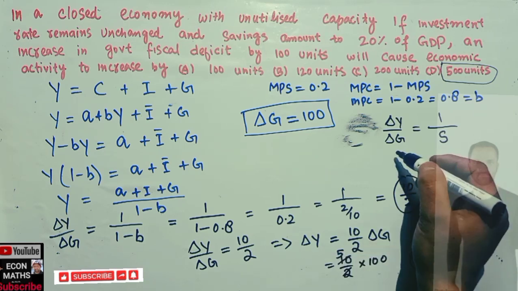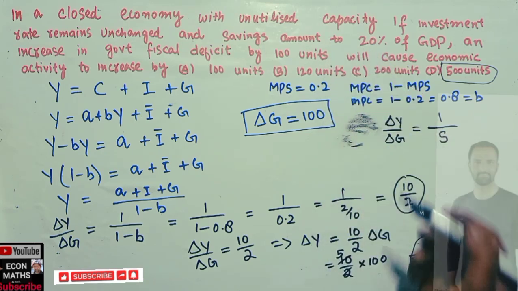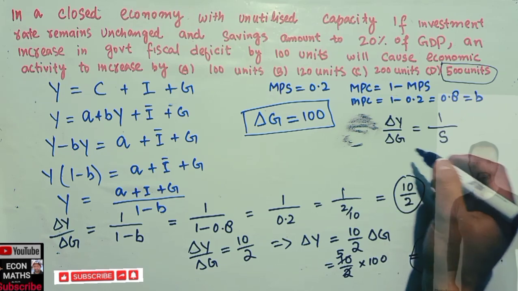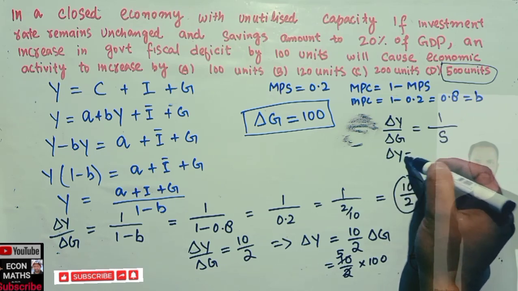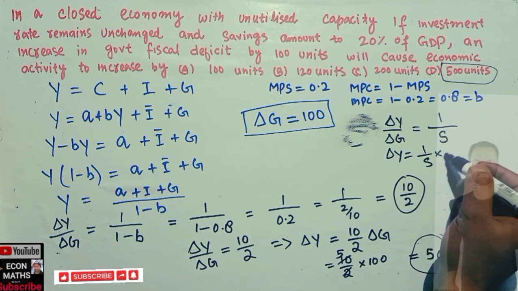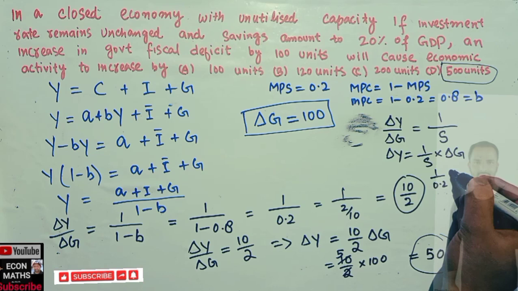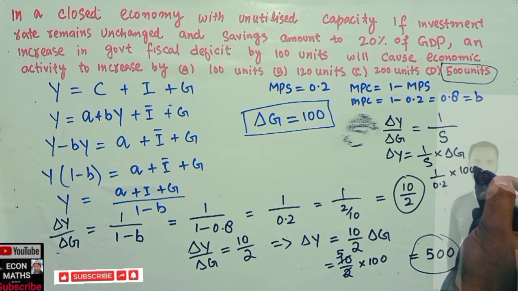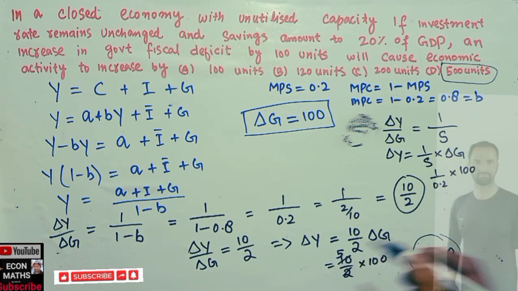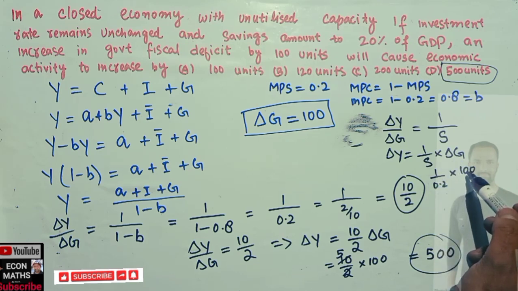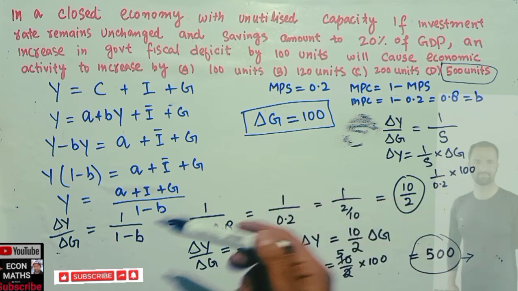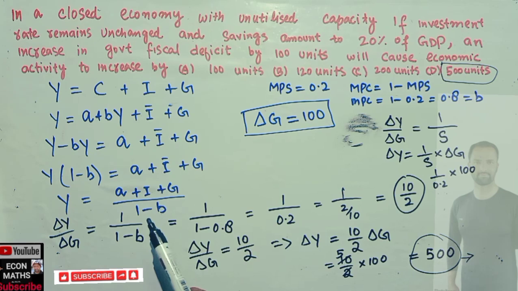Here you can see this is given as 20% of GDP, so del Y will be equal to 1 upon s into del G. That means 1 upon 0.2 into 100, and it will come out to be 500. I was just trying to show how we get this, that is why I derived it.